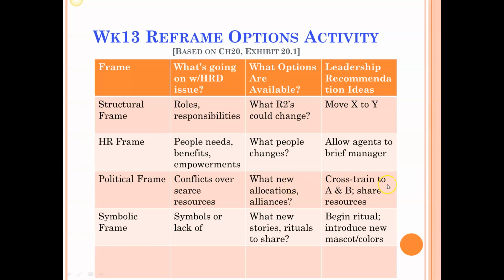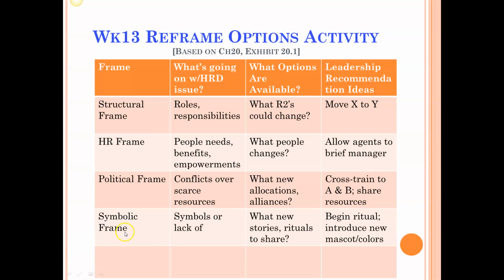So here's a possible reframe leadership idea: to cross-train A and B so that they have shared resources that would address the scarce resources. We're going to make both of these two teams, A and B, work together so that they can share those scarce resources, and hopefully that fixes our HRD issue.